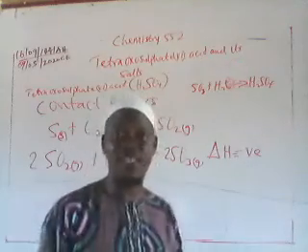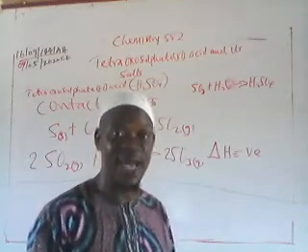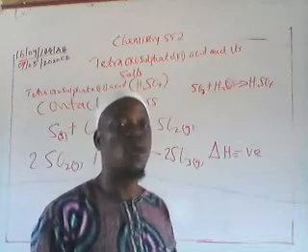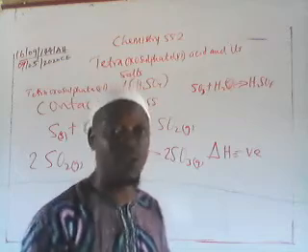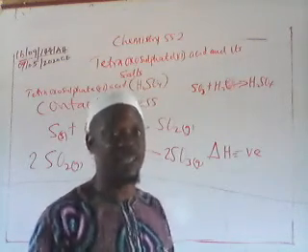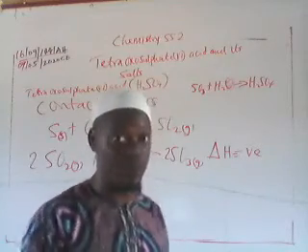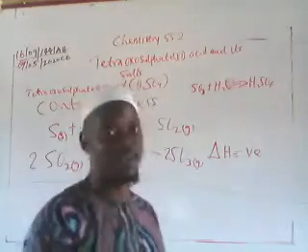Sulfur(VI) oxide is a very strong acid anhydride. When it dissolves in water, it generates a lot of heat that could be dangerous to handle. It can cause accidents. That's why it is not dissolved directly in water, because the reaction is extremely exothermic.